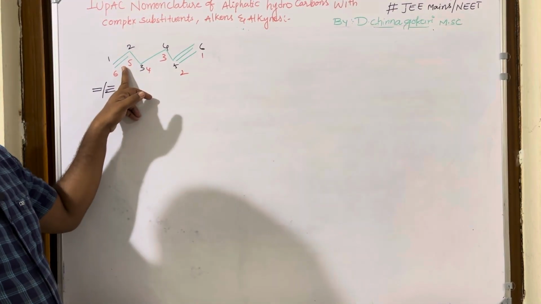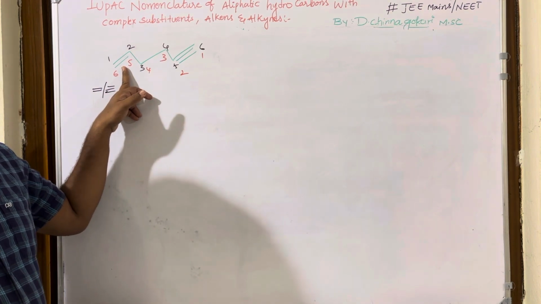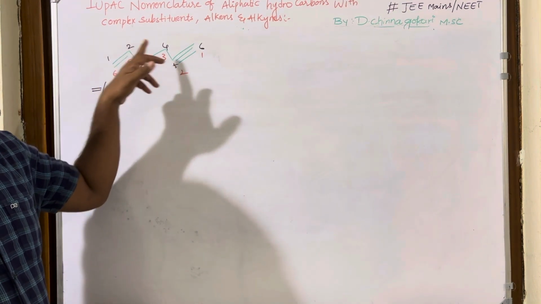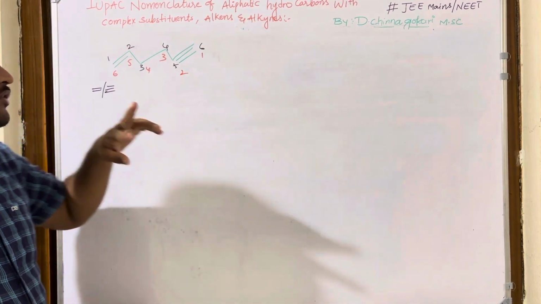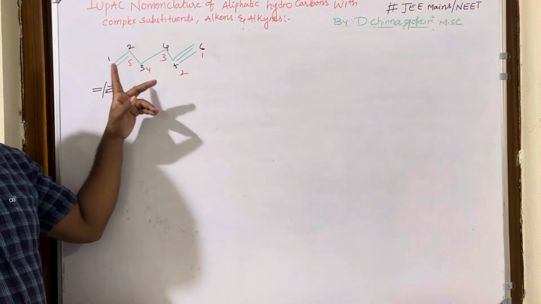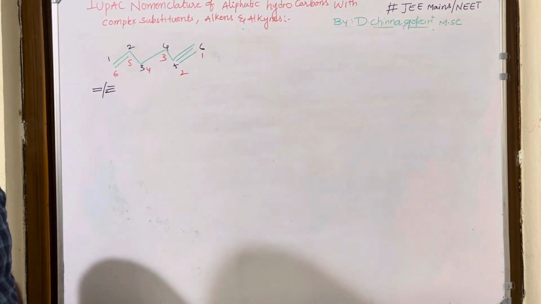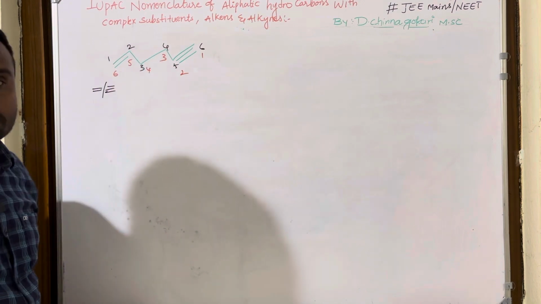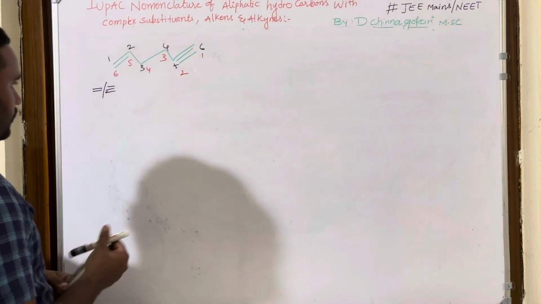So alphabetically, what is the primary suffix for the double bond? It starts with e and the other starts with y. According to alphabetical order, which one should we give? E. So what I have written in black color is the only correct one, but this red color one is incorrect. So now what will be the name of this compound?